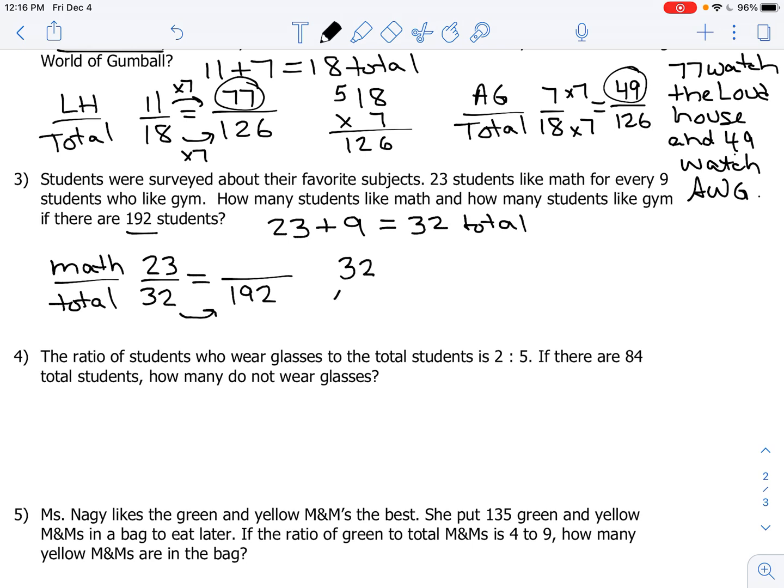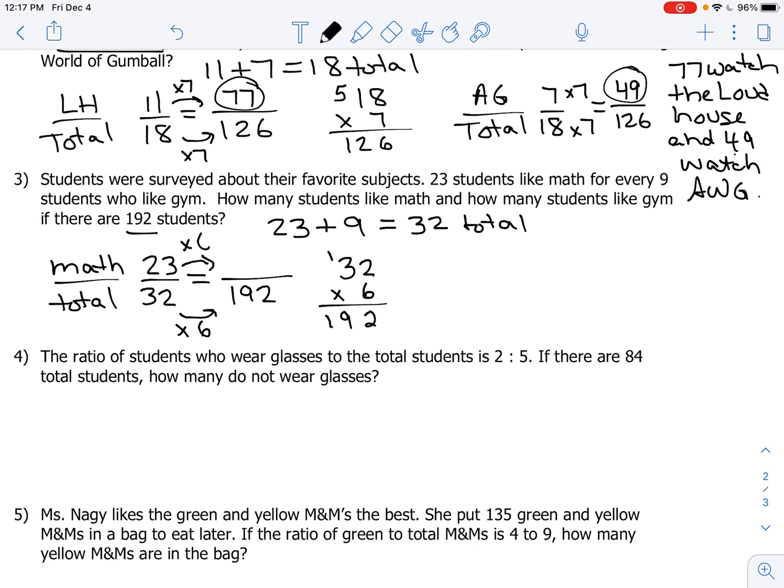And I'm going to take a guess here. I know it's not going to be 5 because 5 times 2 is 10. We'll try times 6. So I know 30 times 6 is 180. That's pretty close to the 192. So 6 times 2 is 12. And 6 times 3 is 18, plus 1 is 19. So it looks like we're multiplying by 6 here.